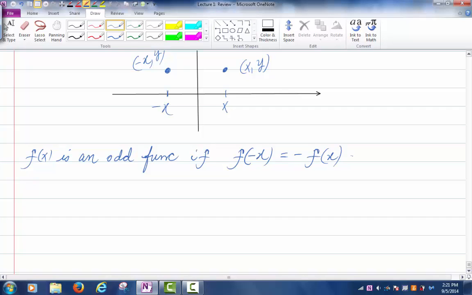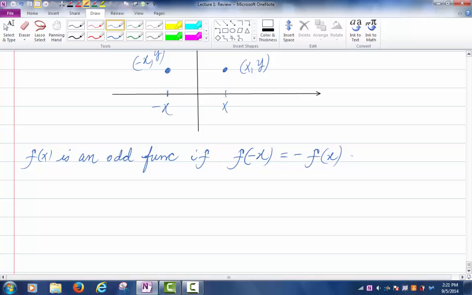So what is it telling you? It's telling you the value of f at negative x and x, they are opposite of each other in sign, right? The value of f at negative x and x, they have opposite signs, right?